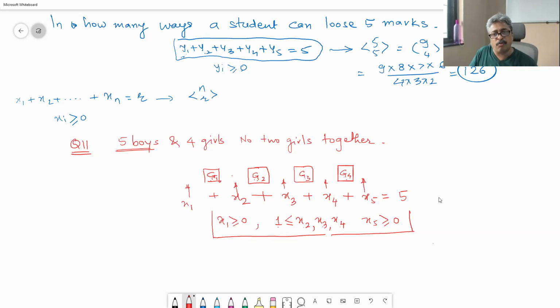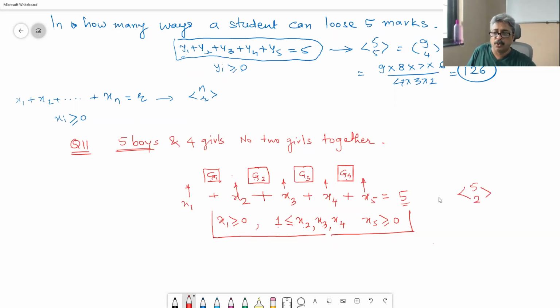Now we have 5 boys. How do we solve this? This is a lower bound problem, and therefore 3 we have to subtract from 5. So the answer will be 5 elbow 2.